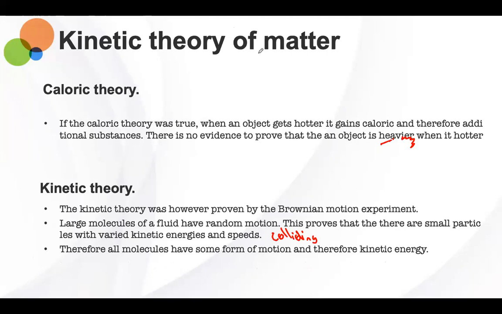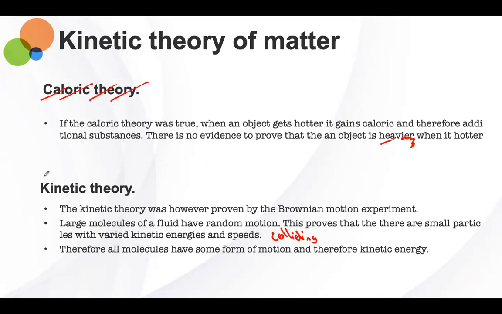And remember, we said that they consider heat or caloric as a fluid. So therefore, additional substance would be on the object, right? But there's no evidence that an object gets heavier when it gets hotter. There's no evidence of that. So therefore, this makes no sense, right?